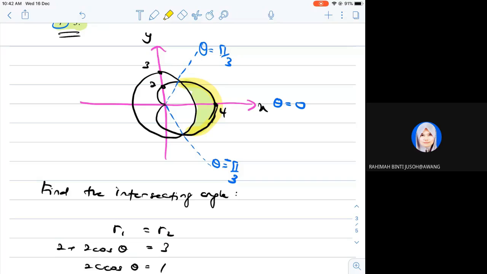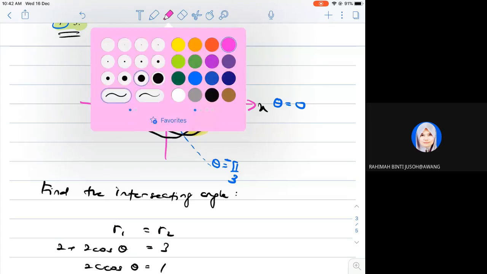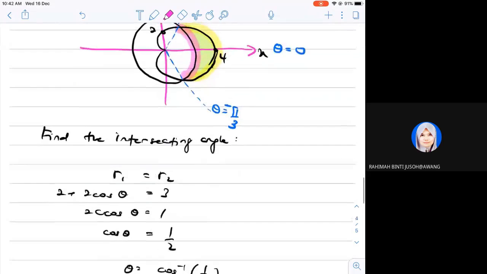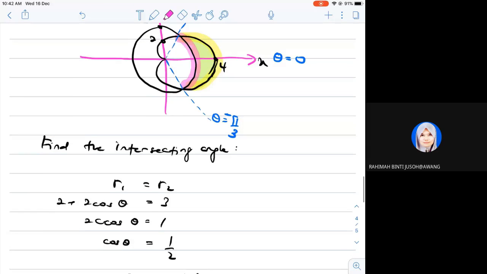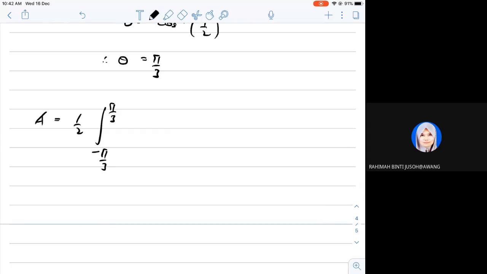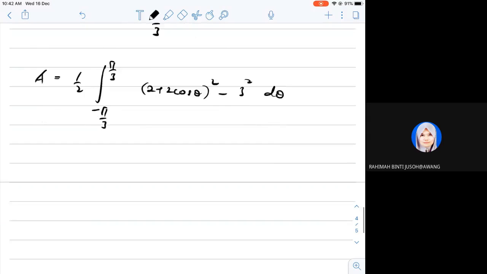Cardioid or circle? Cardioid. So you deduct the circle from the cardioid. So we have cardioid 2 plus 2 cos theta squared minus circle 3 squared, d theta.